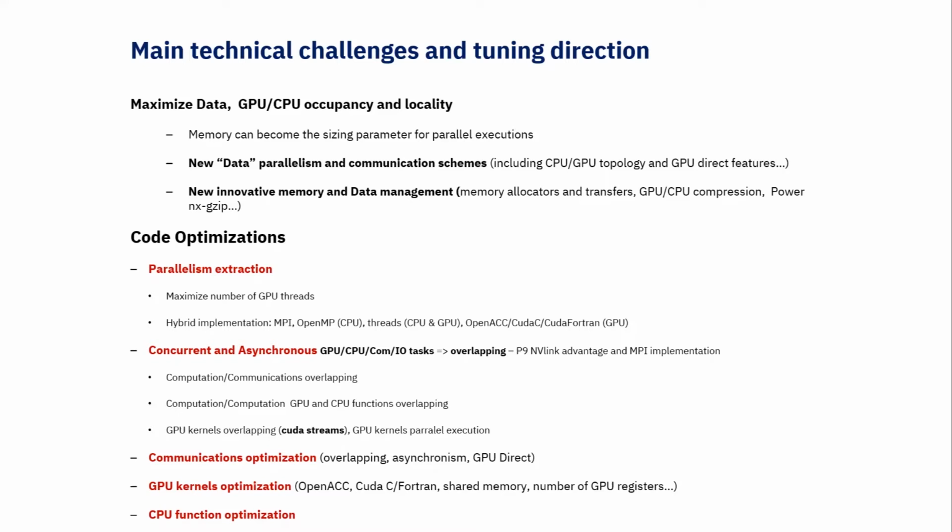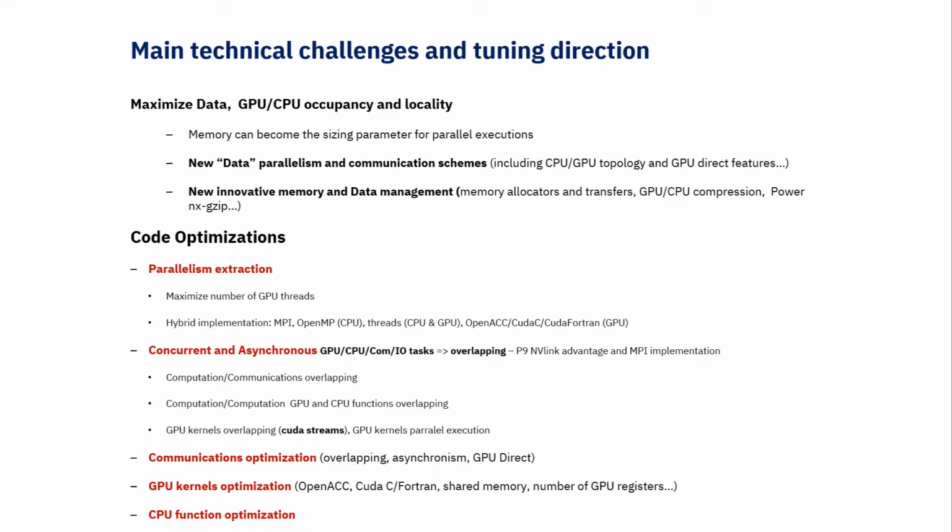In the case of RTM codes from Total, we did not go with Volta 32 GB GPUs, because thanks to the bandwidth provided by NVLink, we were able to really optimize the transfer between the central memory and the GPU memory.